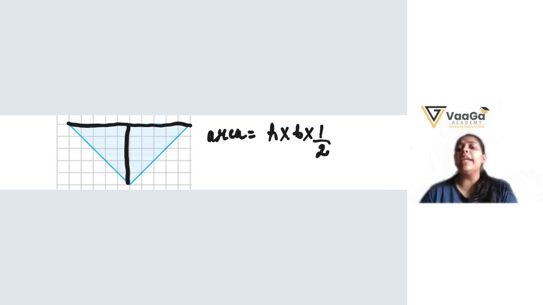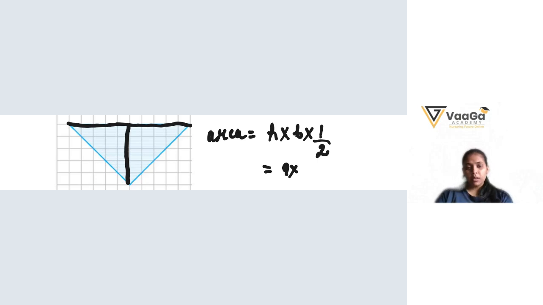Now tell me what is the base. How many squares are there in the base? 9. And what about the height? 4.5. Can I write 4.5 multiplied by 1 by 2?